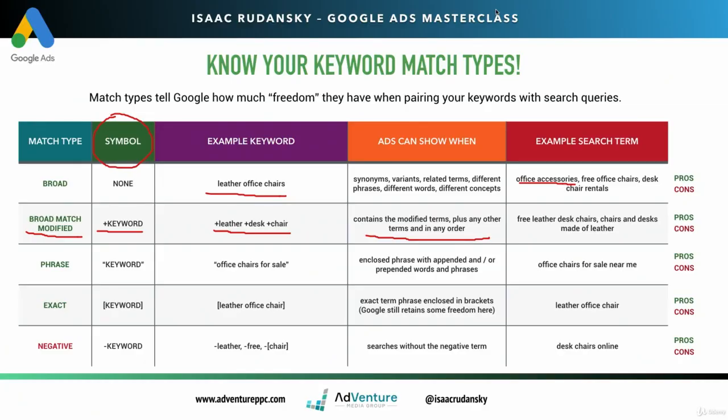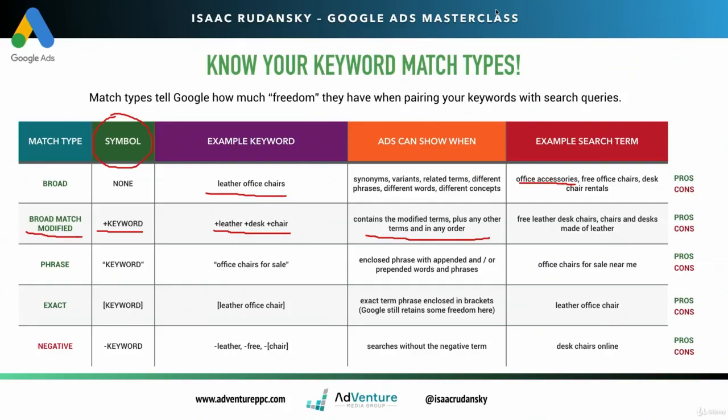For example, search terms that might trigger your ad are free leather desk chairs, or chairs and desks made of leather. So you could have additional words and phrases appended or prepended to my keyword, but the modified terms, the terms that have that plus sign in front of them, have to show up in the search term in order for that search term to be eligible to trigger a keyword in my ad group that will then in turn trigger an ad impression.